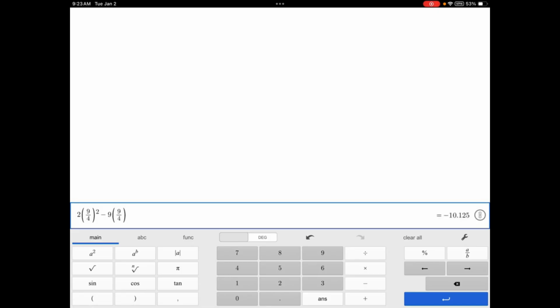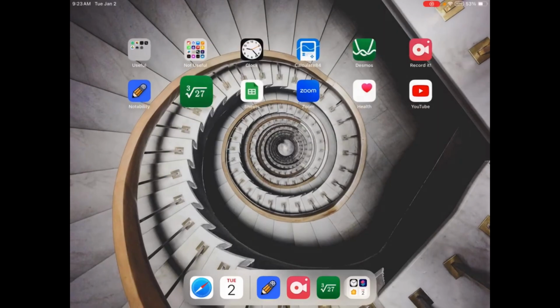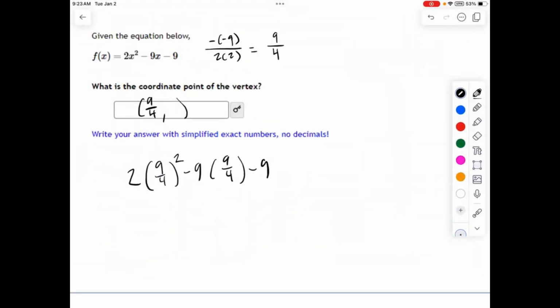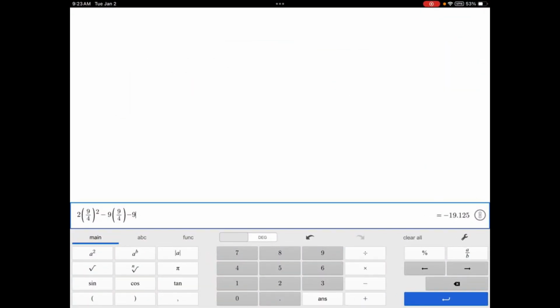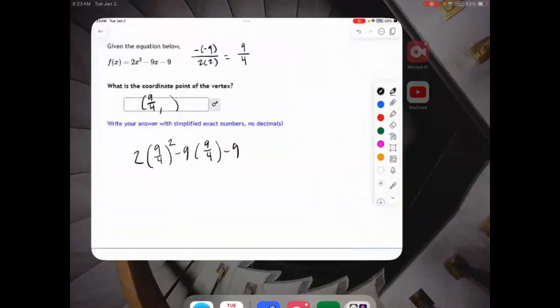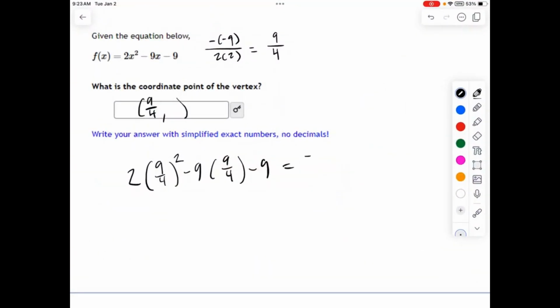You want to make sure the square applies to both the 9 and the 4. So we plug that whole thing in, no decimals, so we go back to fractions. This is as simplified as it gets: negative 153 over 8, and that is your answer. There's your y value.